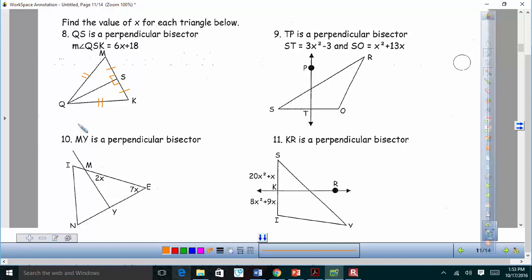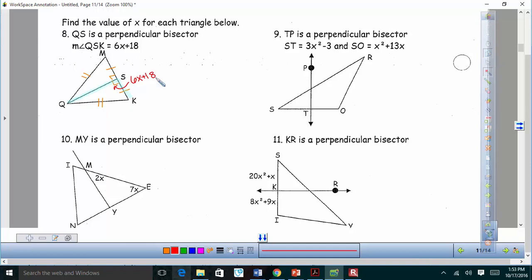So that's everything that we talked about up there. Now we can start the problem. So it tells me that angle QSK. So if I start at Q, go to S, go to K, we're looking at this angle right here. It is 6x plus 18. Okay? And then it wants me to solve for x.